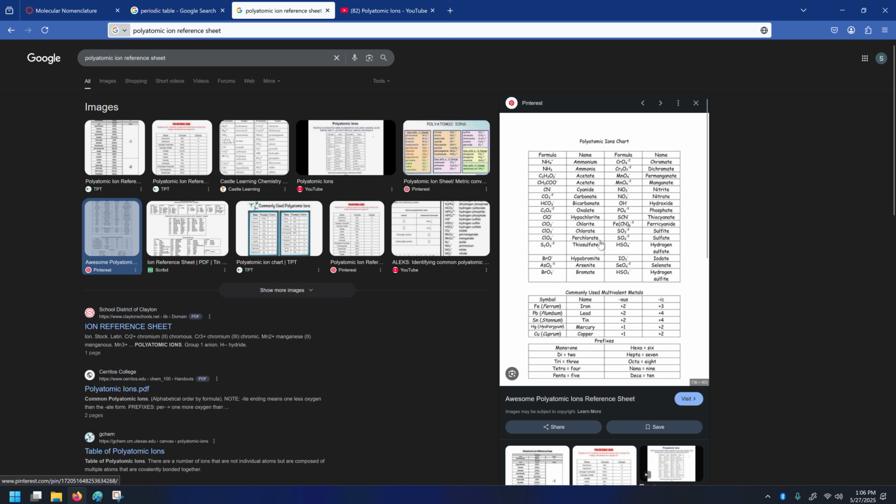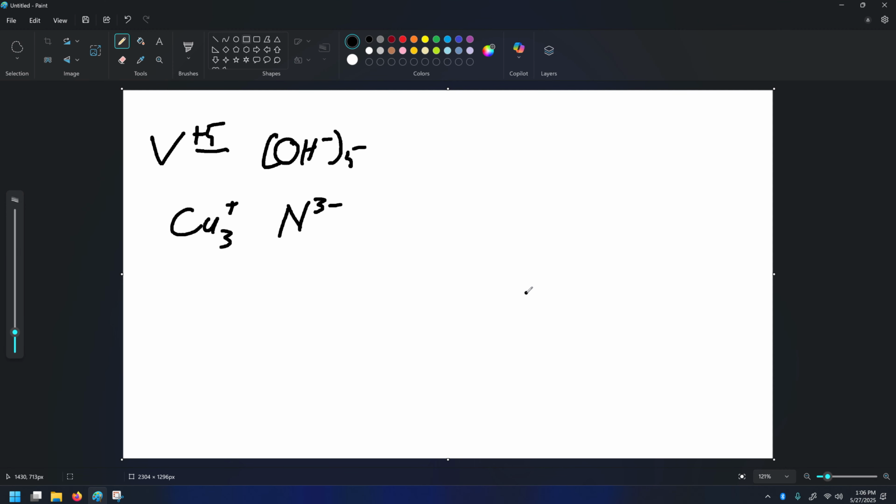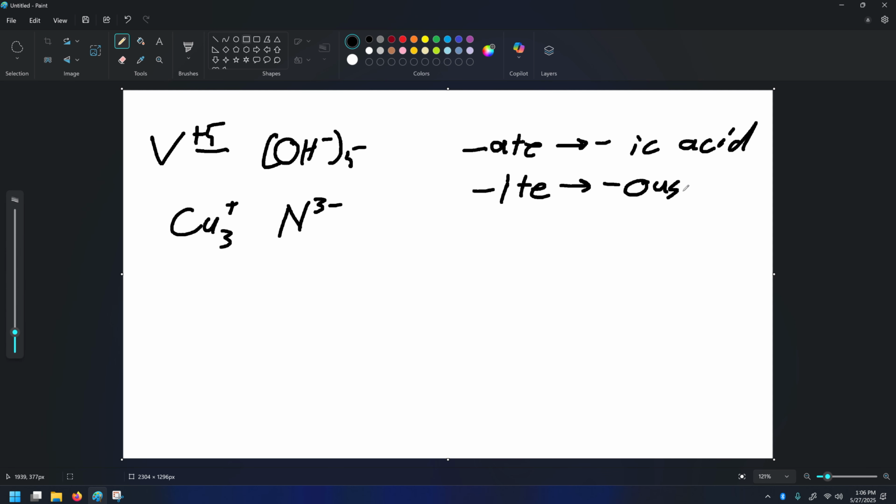So that ate suffix, that's what we're going to be modifying when we name this as an acid. The general rule is that the suffix of ate becomes ic acid, and a suffix of ite becomes ous acid.